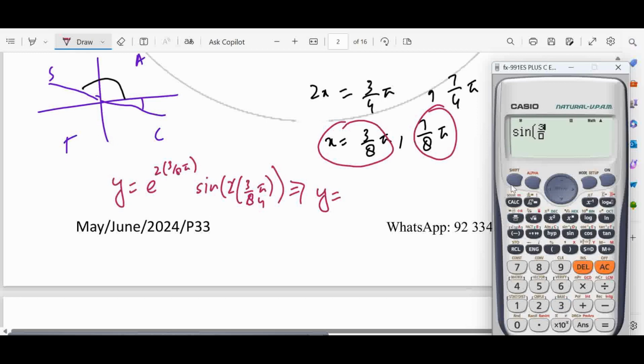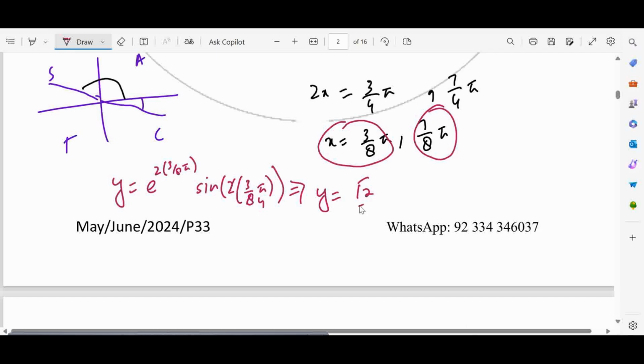Sine of 3 by 4 pi will be equal to square root of 2 by 2. So we can write the y coordinate as square root of 2 by 2 e power 3 by 4 pi.